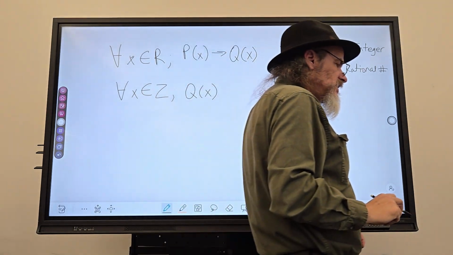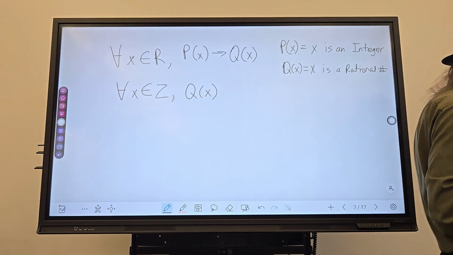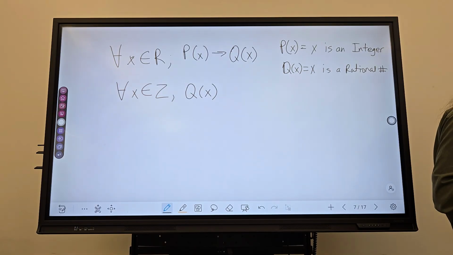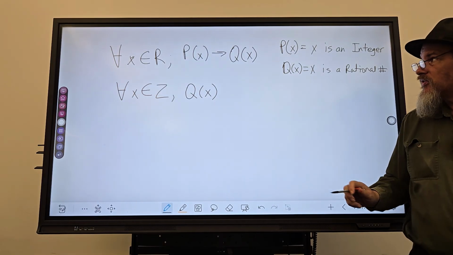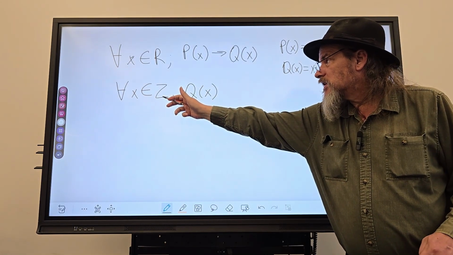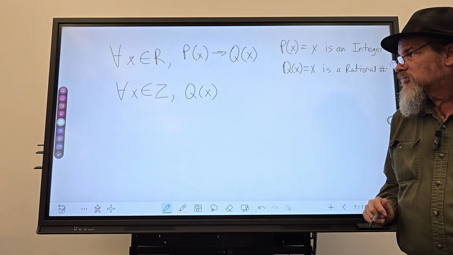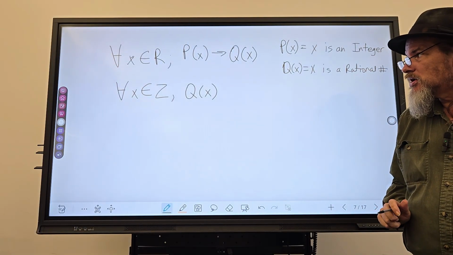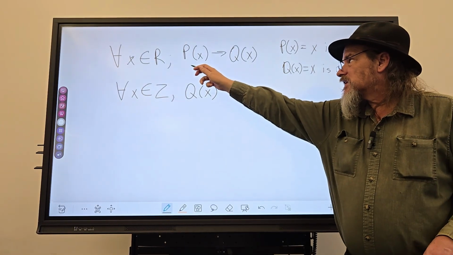You incorporate the domain of the hypothesis into the universal quantifier and eliminate that predicate.